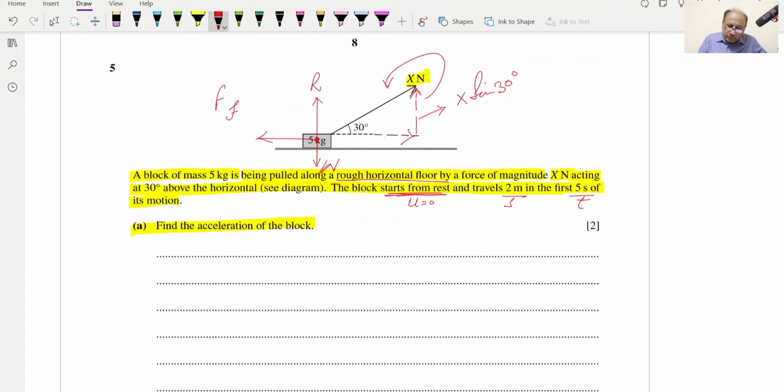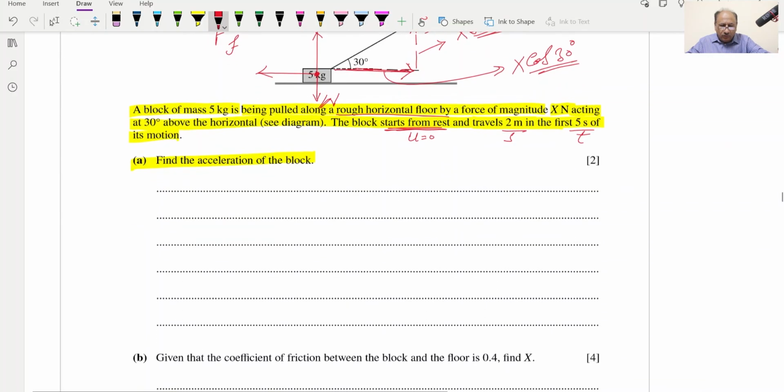And this other force will be X cos theta, so X cos 30 degrees, where theta is 30 degrees. These will be the two components of X Newton, with which we can now resolve the data given. We can write down u is equal to 0 and t is equal to 5 seconds. And what next?